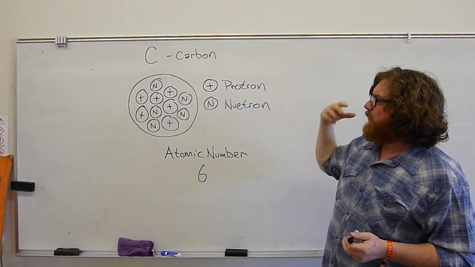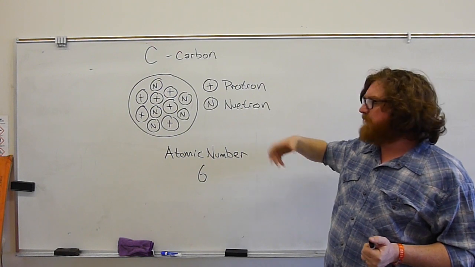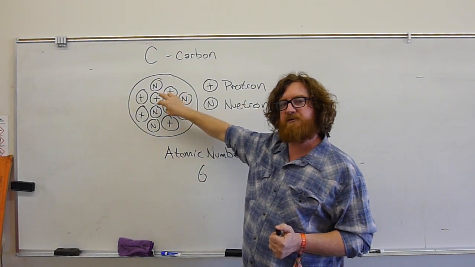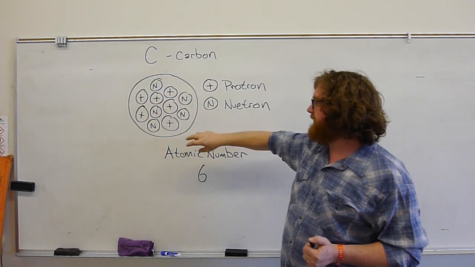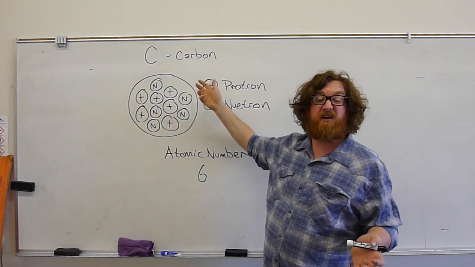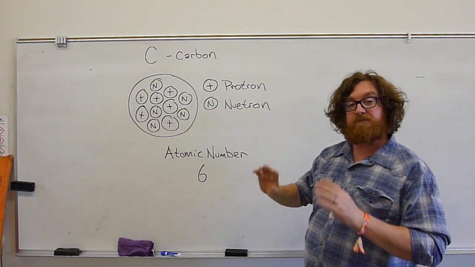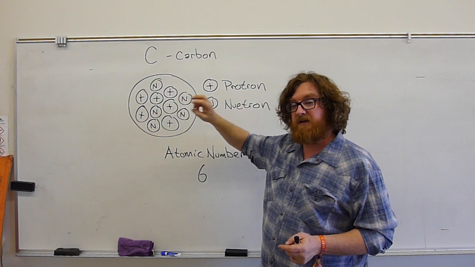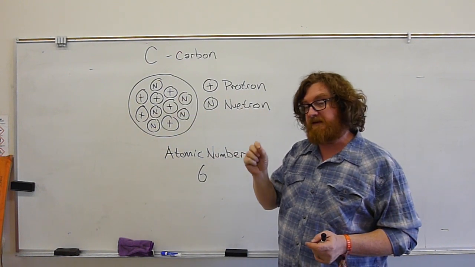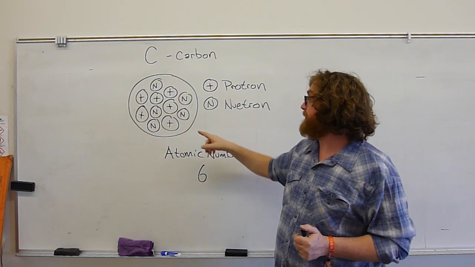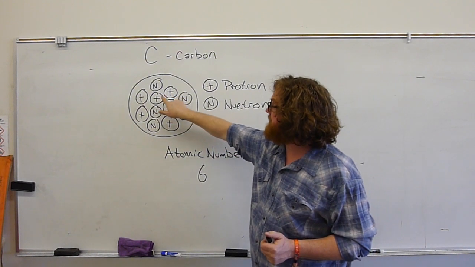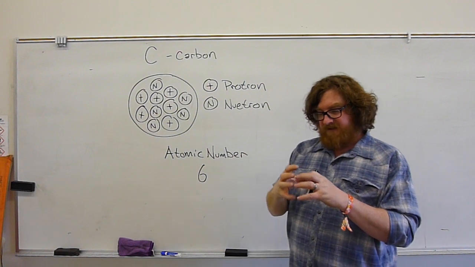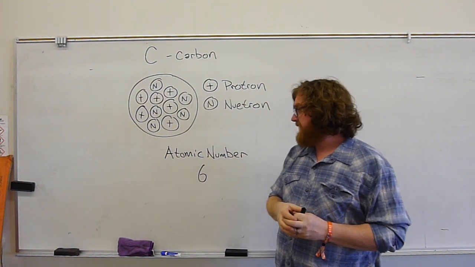So we have to start thinking about the force that's holding this nucleus together. The force that holds the nucleus of an atom together is essentially an electrical force, kind of like an electromagnet. Again, we can save the details for a physics class, but the strength of that force is related to how many protons are in there. So in this case, 1, 2, 3, 4, 5, 6 protons in our carbon atom. So that's the strength that's holding it together.